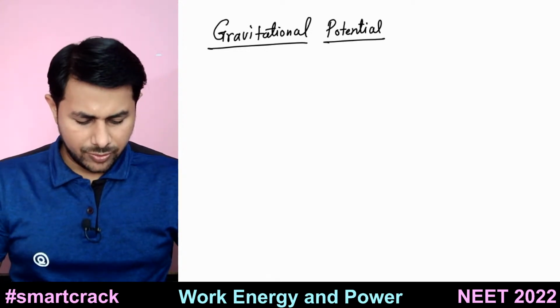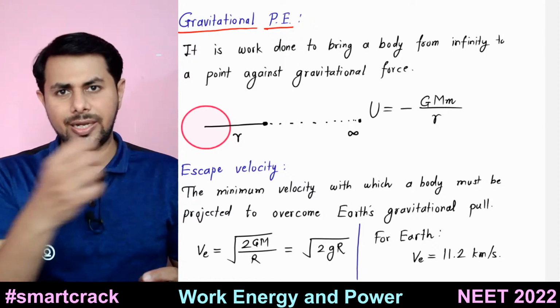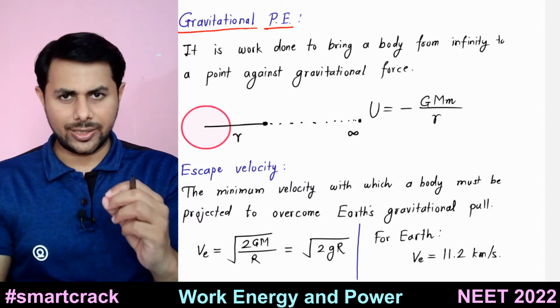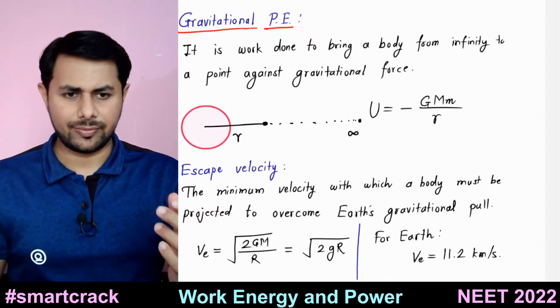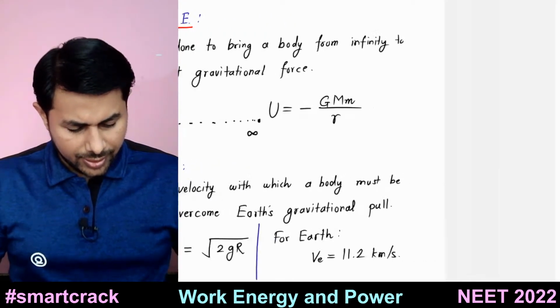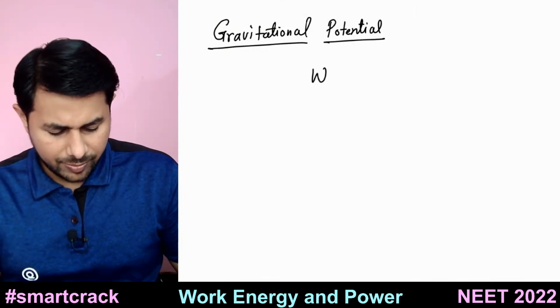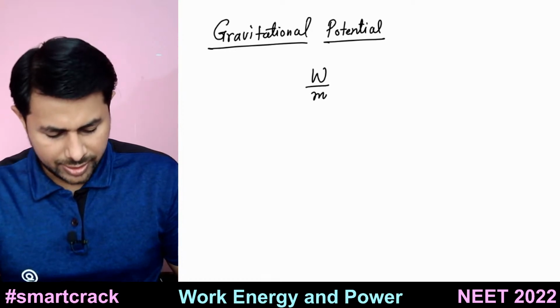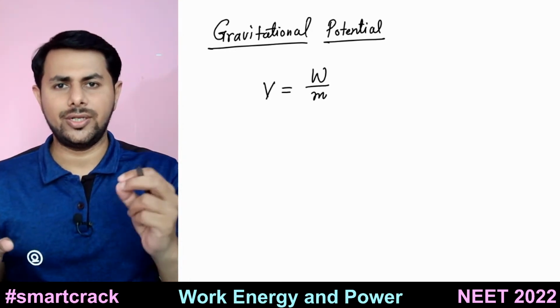Gravitational potential energy is the work done to bring an object from infinity to a point against gravity. So what is gravitational potential? It is the work done per unit mass, we'll denote it by V, to bring an object from infinity to distance r.